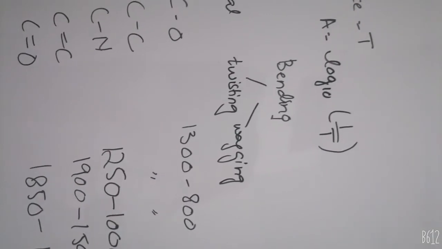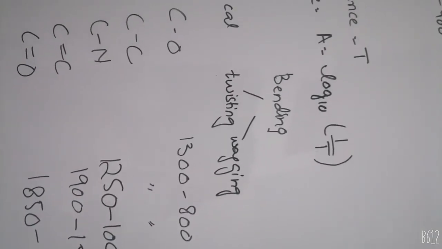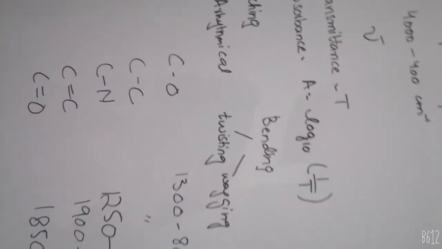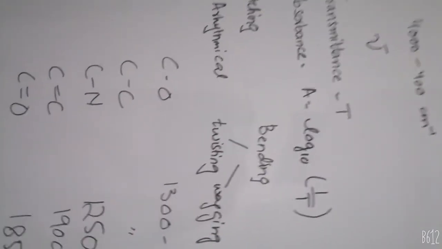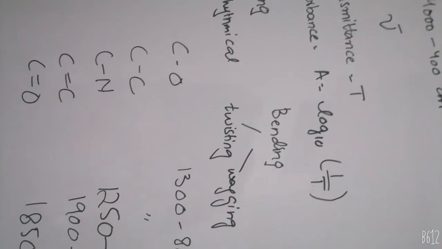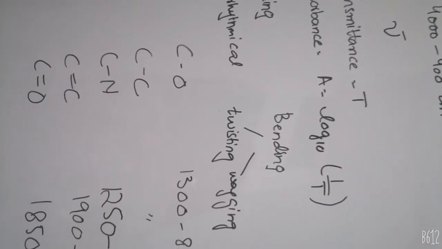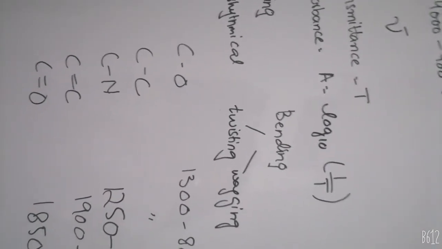Now we have observed certain absorption regions, and using Hooke's law we have compared the absorption regions of certain bonds with the observed values. We have calculated them with Hooke's law, and then observed and compared the two.